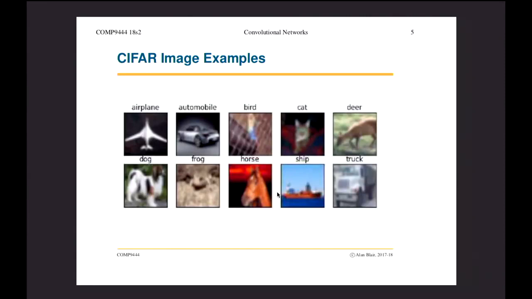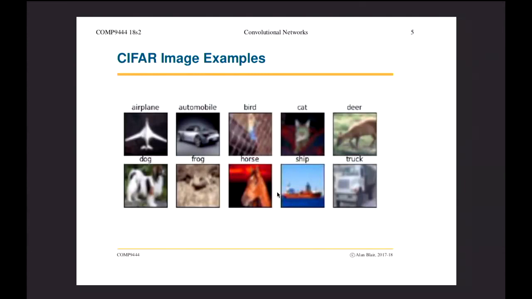I think there are either 50 or 60,000 images, and there are 10 different classes: plane, automobile, bird, cat, deer, dog, frog, horse, ship, and truck. So there are only 10 classes here, and it includes some animals and some vehicles.